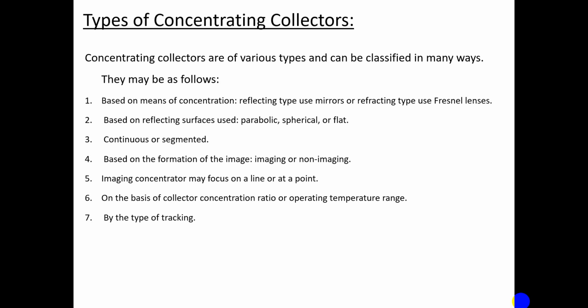Based on the formation of the image, imaging or non-imaging. If it is an imaging concentrator, it may focus on a line or at a point. We can also categorize on the basis of collector concentration ratio, operating temperature range, or by the type of tracking.